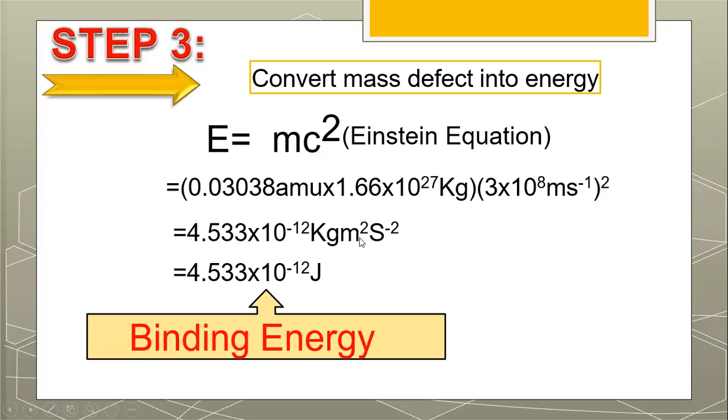So this unit is equal to joule. According to this equation, it represents the final binding energy for the helium atom, which will be equal to 4.533 multiplied by 10 raised to power minus 12 joule.